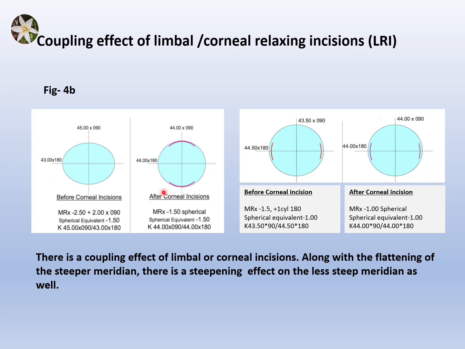Now, after the relaxing incisions at the ends of the steeper meridian, this power has reduced to 44 diopters, whereas this power of the other horizontal axis has increased from 43 to 44 diopters. So this is the coupling effect. A similar effect you can see in this picture as well, where the horizontal meridian is the steeper meridian.